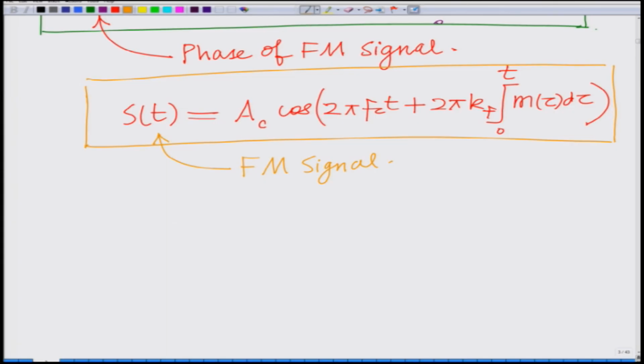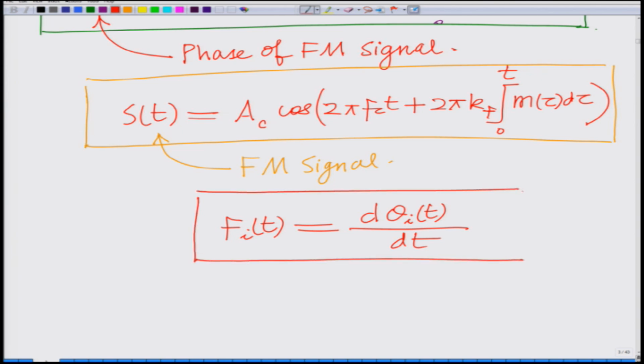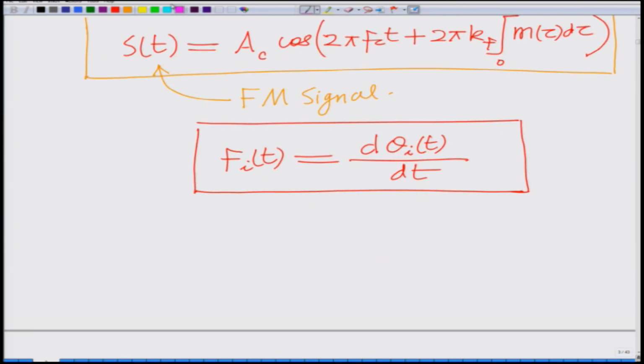Also, it makes sense to remember this relation: f_i(t), the instantaneous frequency, is the rate of change of the instantaneous phase, that is, d theta_i(t) over dt, with a factor of 1 over 2 pi.